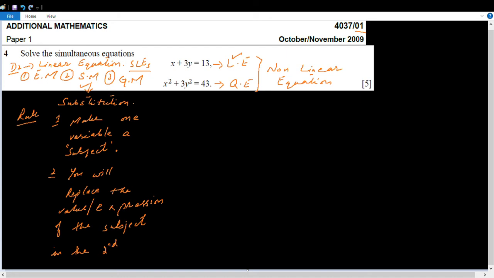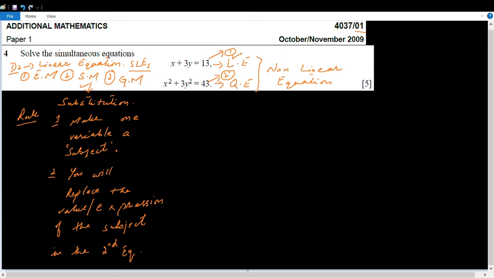Very simple. If we call this equation 1, this is the linear equation, and this equation 2, we will use equation 1 and make one variable subject, and then the second rule is, after making one variable subject, we will replace that variable's value here in the second equation.